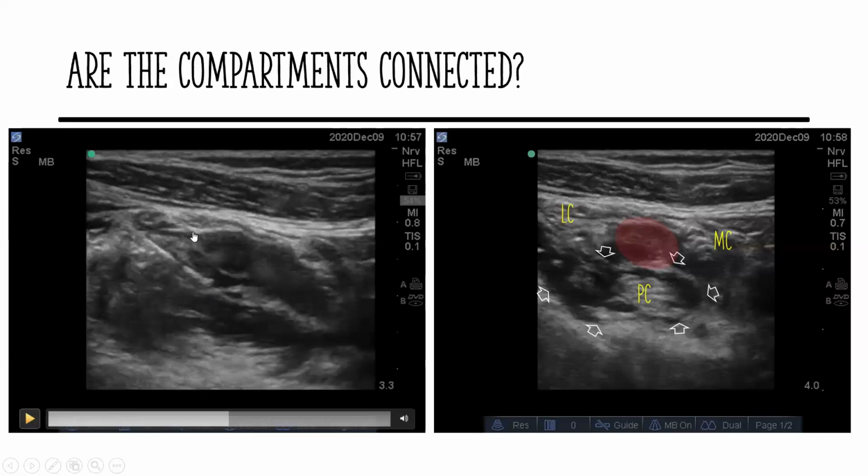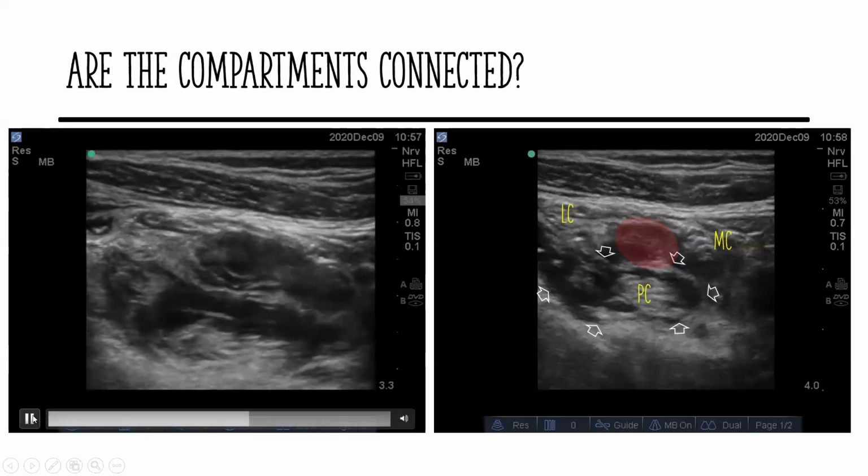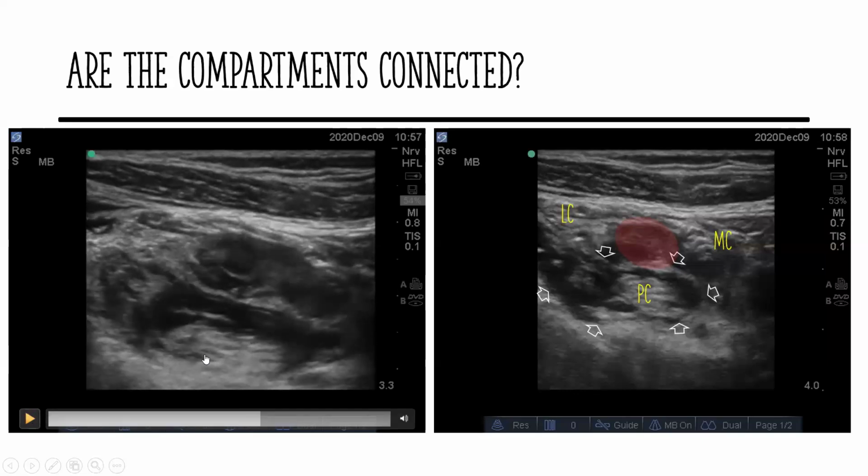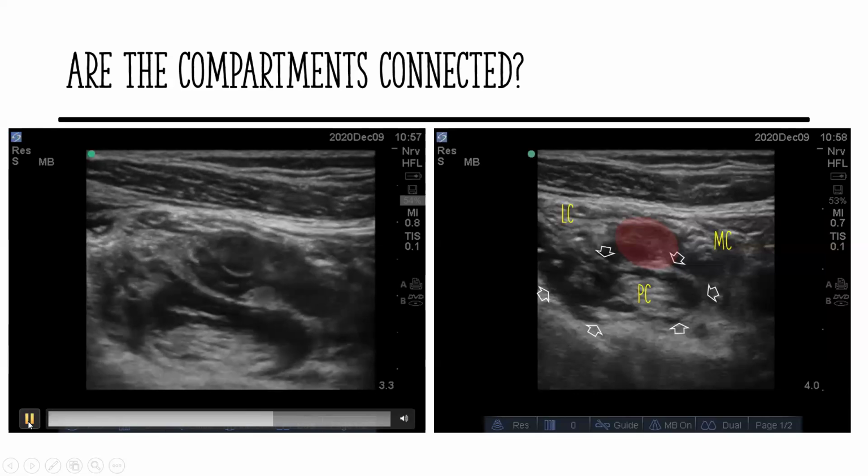And then the local anesthetic is going as a U-shape, or what they call the reverse donut sign, whatever. Now you can see that the cord here is now engulfed with the local anesthetic.